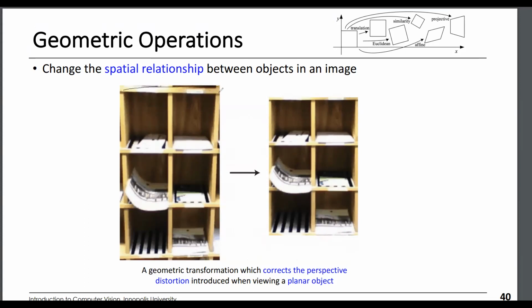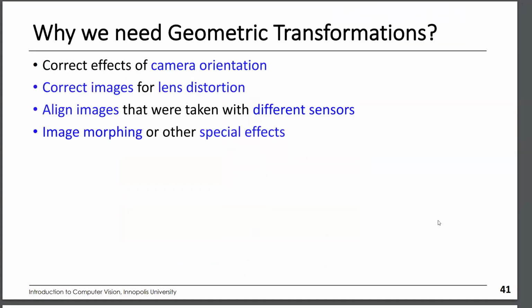This was supposed to be a straight line, but it's not a straight line anymore, mainly because you took it too close and the camera was a bit high. So the output of the image was kind of wrong, right? The image you are looking at suggests that this is not a straight line, but a curvy line. And this is wrong. So we're trying to correct this using these geometric operations.